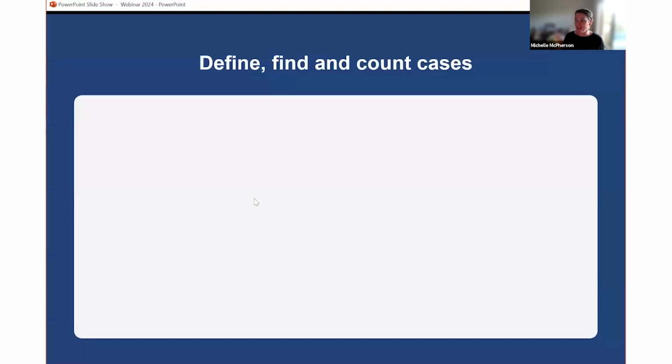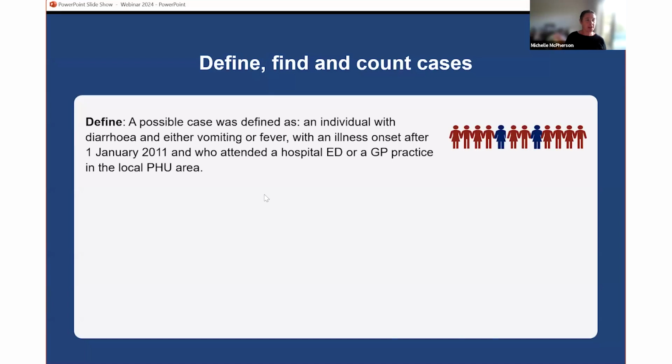Okay, so going back to our actual outbreak, a possible case was defined as an individual with diarrhea and either vomiting or fever with an illness onset after the 1st of January 2011 who attended a hospital ED or a GP practice in the local public health area. So you can see here that the disease of interest is diarrhea and either vomiting or fever.